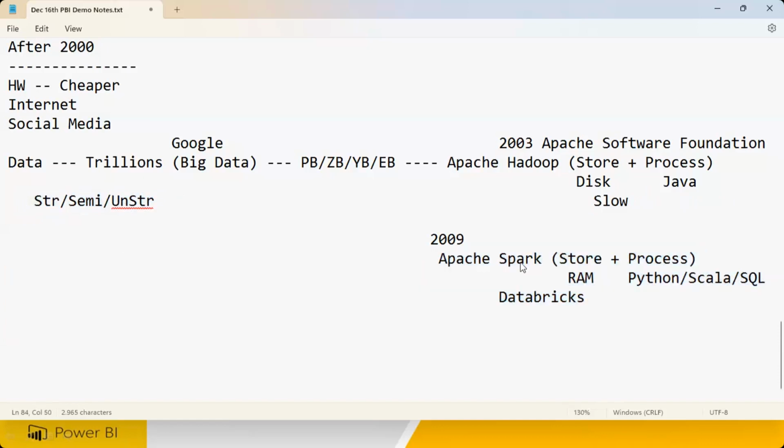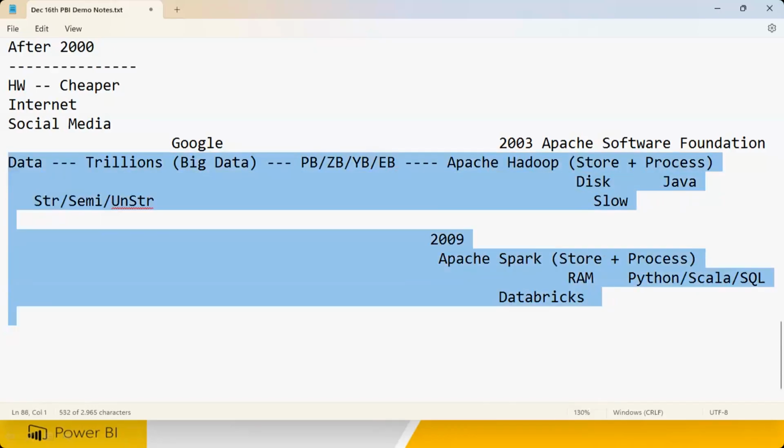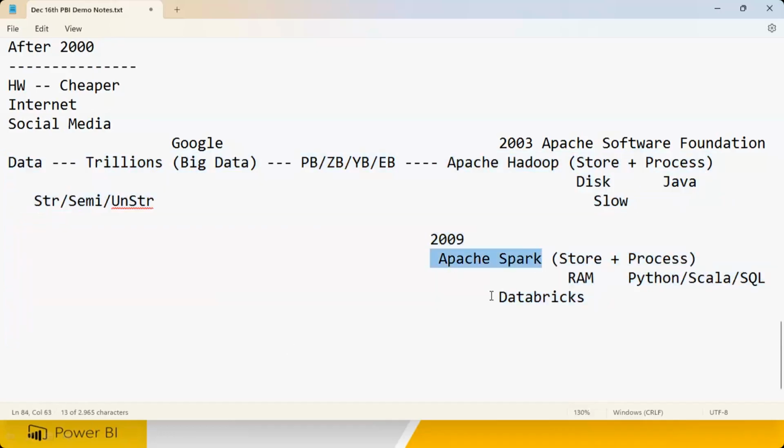Apache Spark is today called Databricks. Clear? If somebody tells you they are learning big data software, they are compulsorily going to be learning Apache Spark and Databricks, especially data engineers, who have to learn this completely. Anybody doing a data engineering course is going to learn Apache Spark, meaning Databricks.